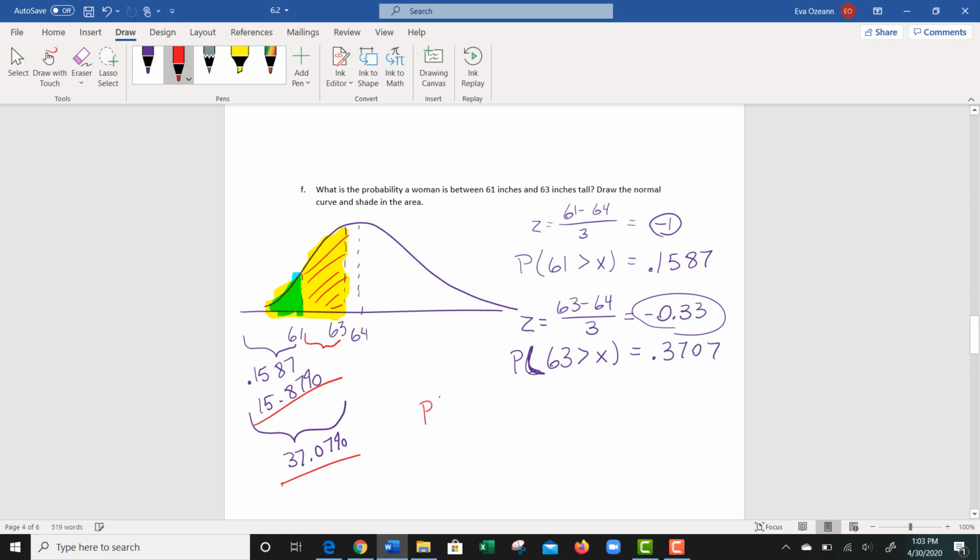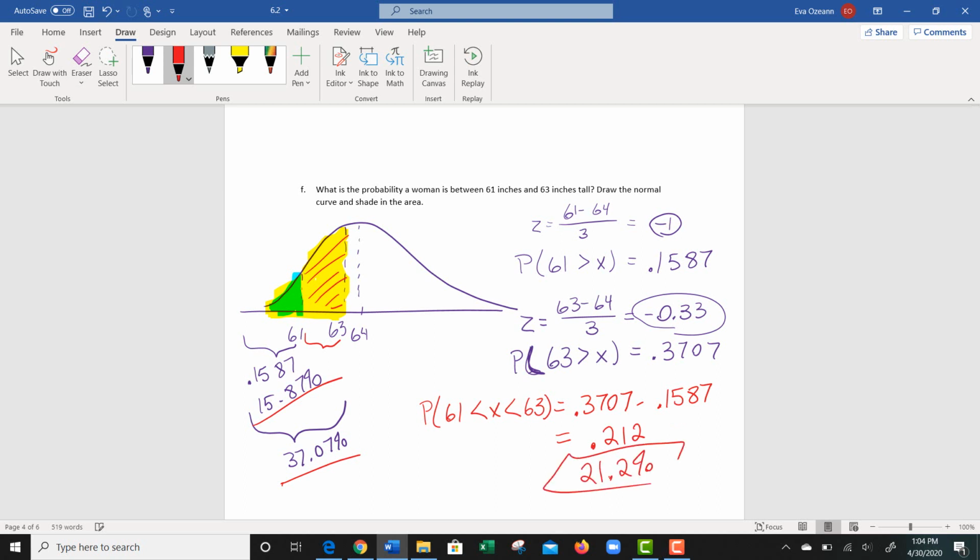So the probability that somebody is 61 to 63 inches tall is going to be 0.3707 minus 0.1587, which is going to give me 0.212 or 21.2%. Great, so when you're doing this by hand, remember, find the z-score first and then find that z-score in the table. Another easier way that you can do this is using StatCrunch.